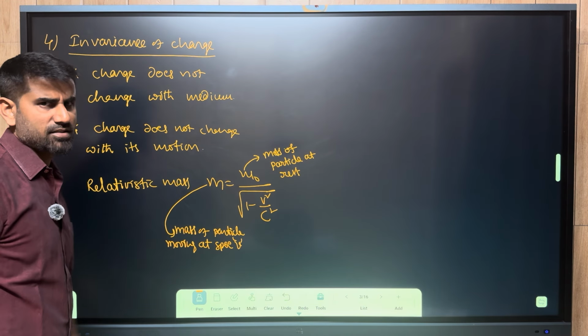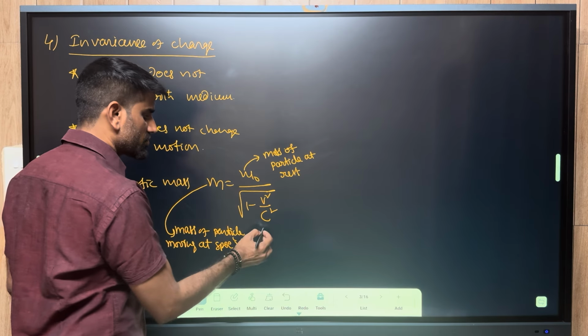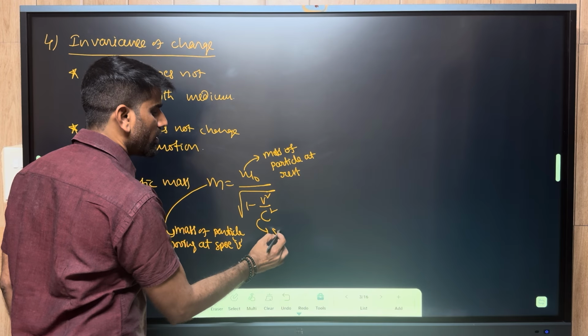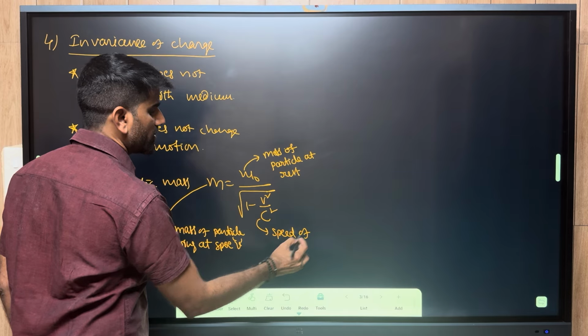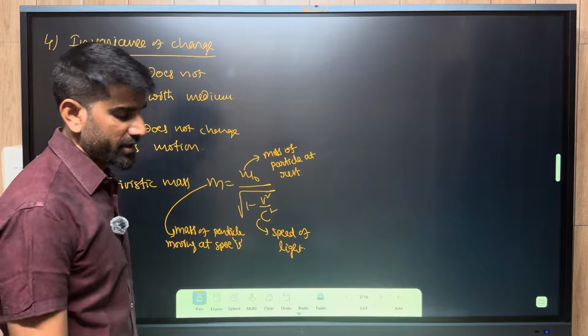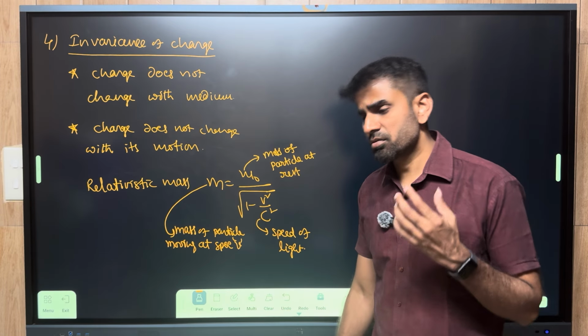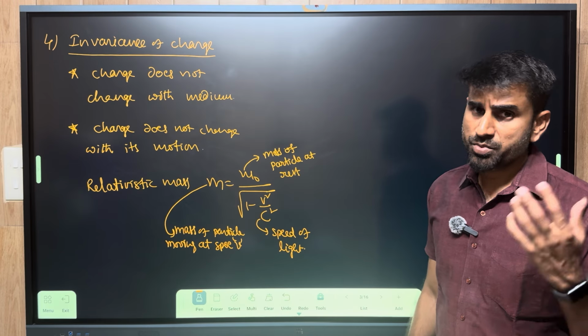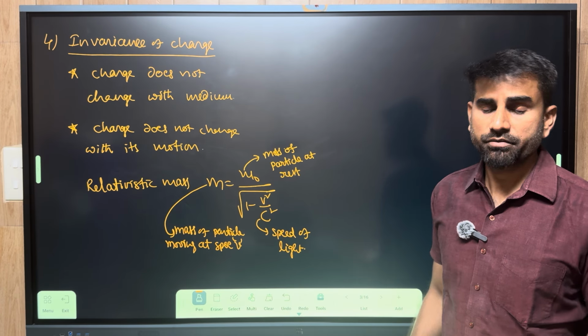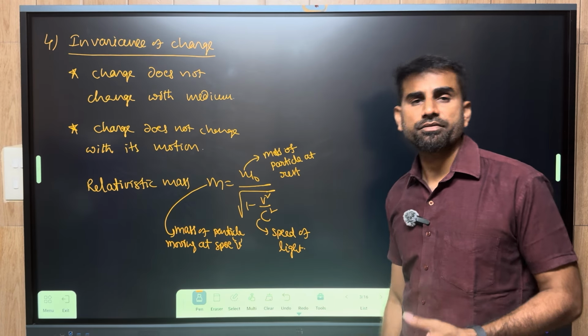We can simply say this m naught as rest mass of the particle, and v is the speed, as we all know. C is speed of light. We all know this, speed of light. If any particle which is moving in the medium or anywhere with a speed which is close to the speed of light, with greater speed, then the mass of the particle changes significantly.